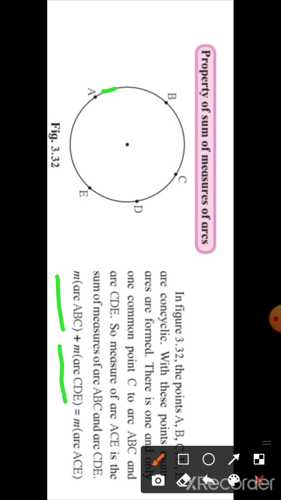Here is arc ABC and arc CD. Their common point is C, and hence the sum of these two arcs is equal to the measure of arc ACD. This is called the arc addition property.